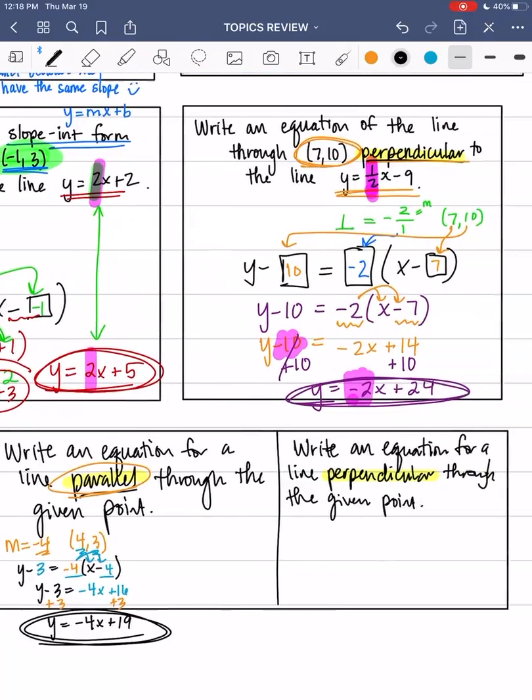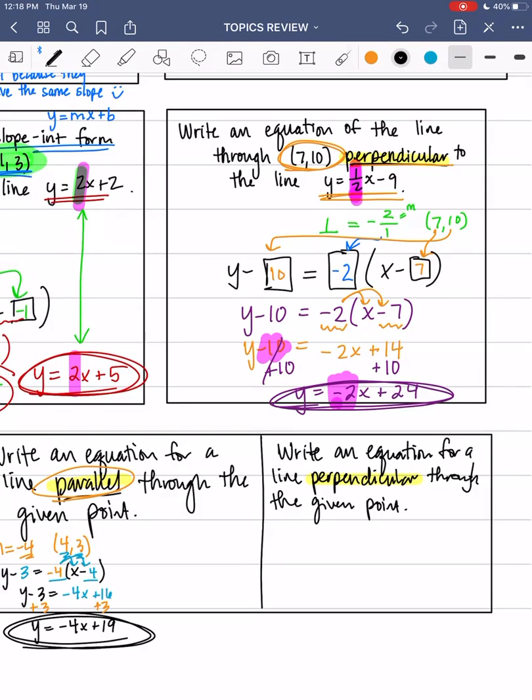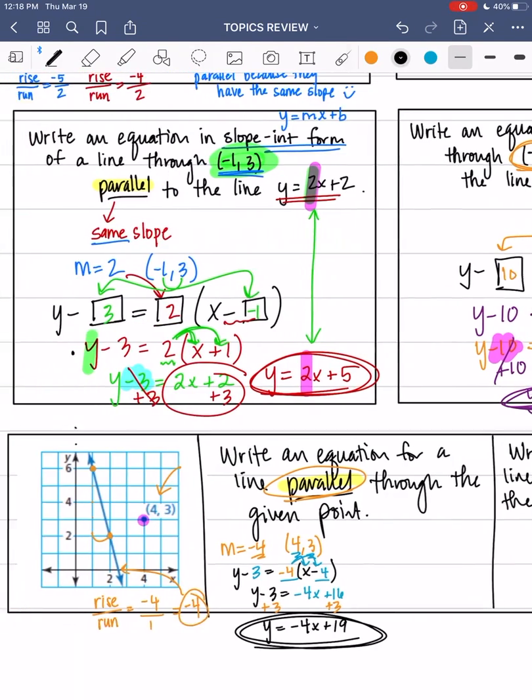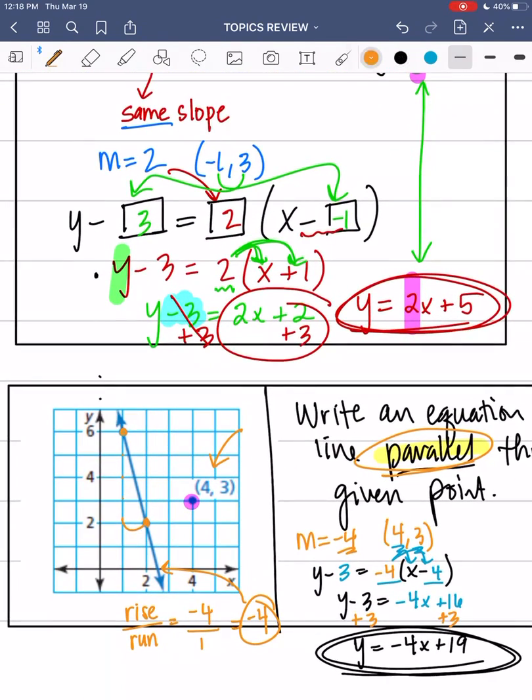Okay, last one says write an equation for a line perpendicular through the given point. Now instead of wanting one side by side, we're trying to make the line that does a perfect 90-degree angle with it. I don't know exactly what it's going to look like, but this has to be 90 degrees. So we need to find the opposite reciprocal slope.